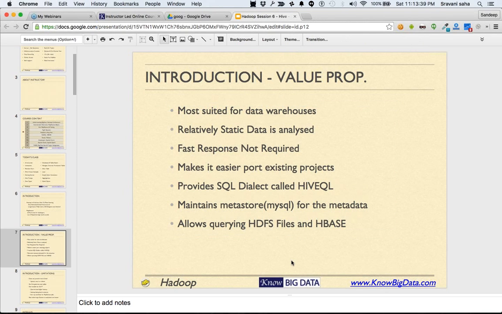So what exactly is the value proposition of Hive? It's mostly suited for data warehouses. It's useful when you are trying to analyze relatively static data, when fast response is not required. Please note this statement: fast response not required. Why? Because it converts the SQL query into MapReduce, there is a slight delay.